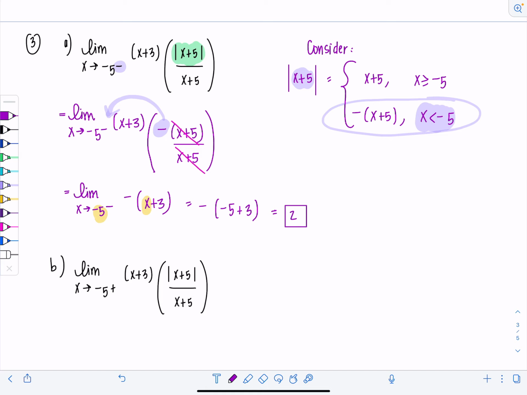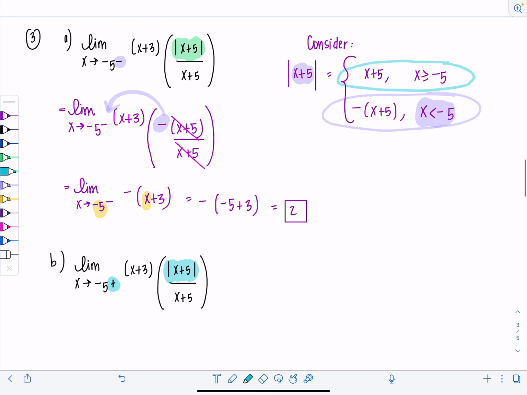Part B now asks for the limit as x approaches -5, but do you see what's different this time? From the right side. So all that means for us is when we replace the absolute value of x plus 5, we're going to use the other part of our piecewise function because we're approaching -5 from the right, so we're approaching from values that are larger than -5. So I'm just going to replace absolute value of x plus 5 with x plus 5.